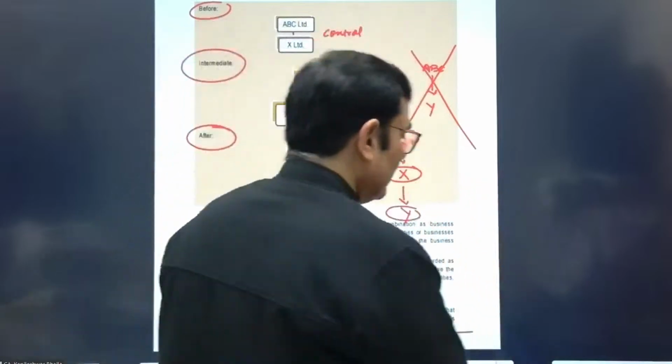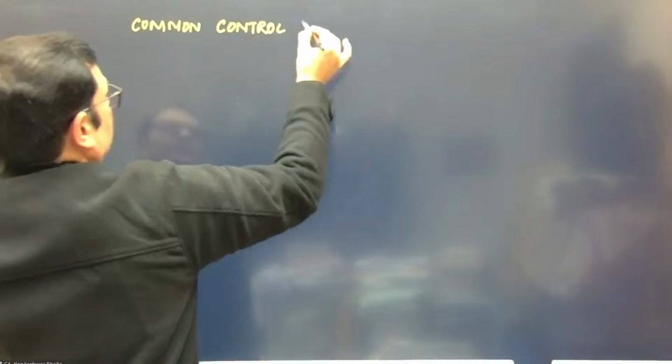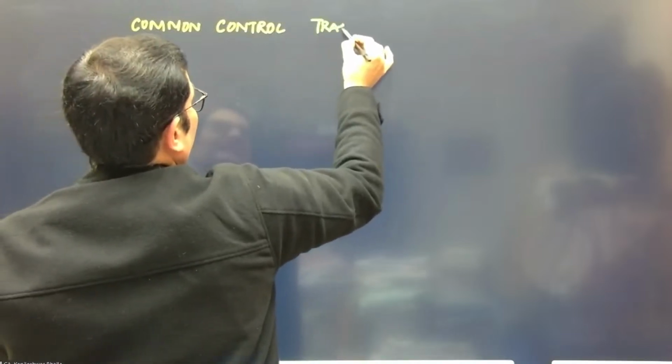Now, let me do one thing. Let me pen this down. So we've taken the first agenda. I am looking at the common control transactions.